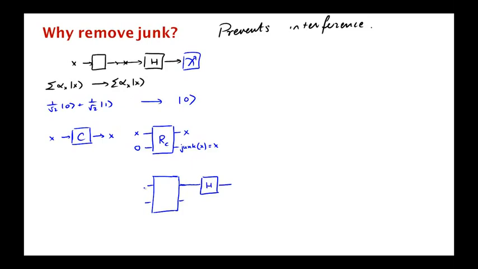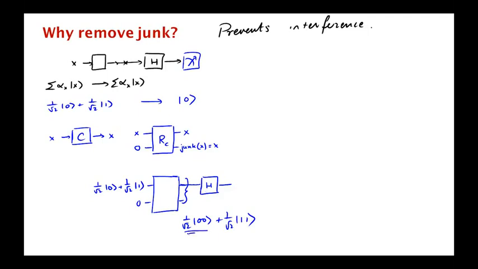So we take as input the plus state 1 over square root 2 0 plus 1 over square root 2 1, and this clean bit. And now the output of this circuit is 1 over square root 2 0 0 plus 1 over square root 2 0 1. And now what happens when we actually do a Hadamard of the first qubit?